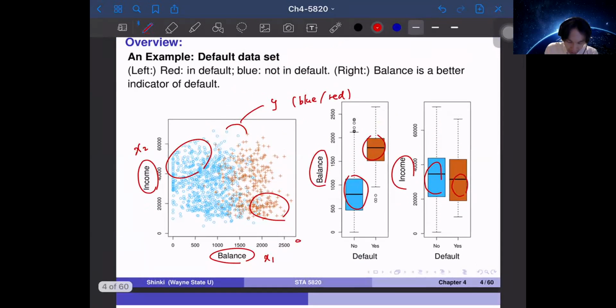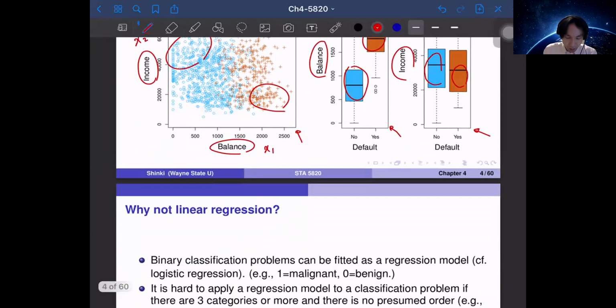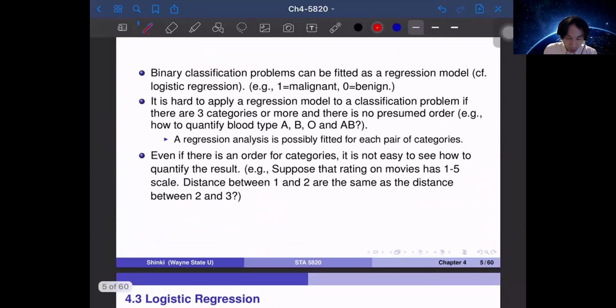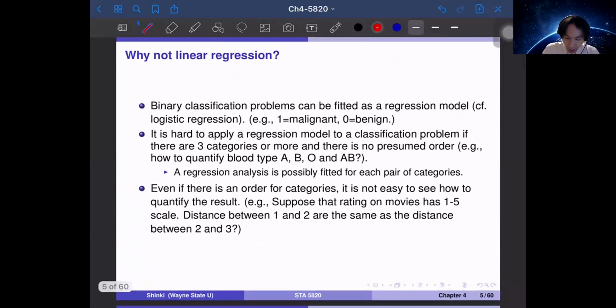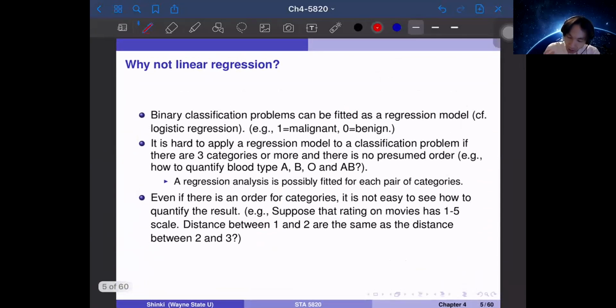So at first, this kind of scatter plot or box plot is useful. But the box plot only shows the marginal distribution, and the scatter plot can only show up to 2 predictors. In general, we have more predictors, so we need a statistical model that helps us understand the situation.